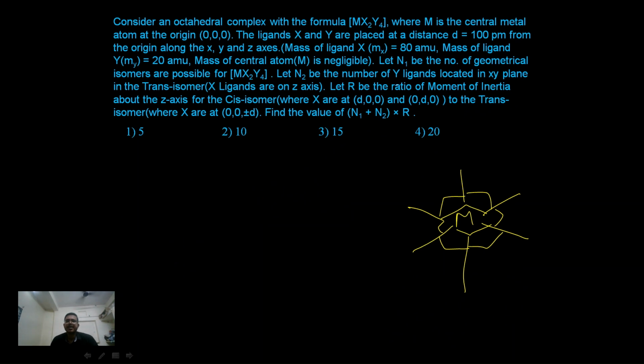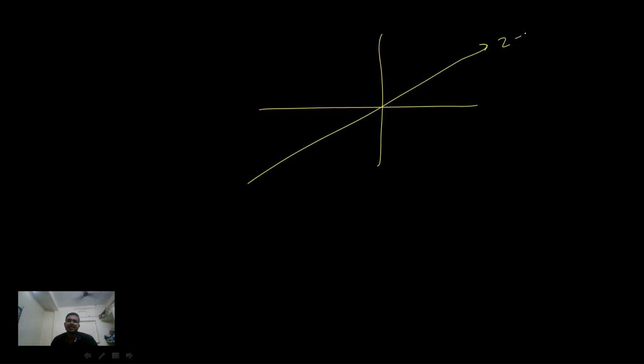Let N2 be the number of Y ligands located in the XY plane in the trans isomer, where the X ligands are on the Z axis. So let's see. This is the Z axis, this is the X axis, and this is the Y axis.